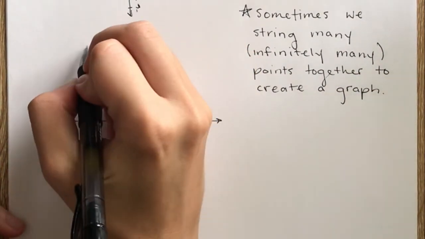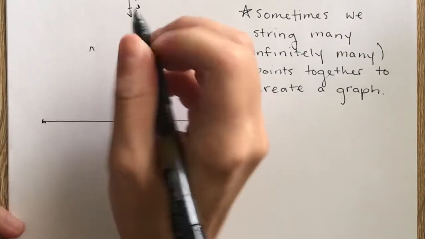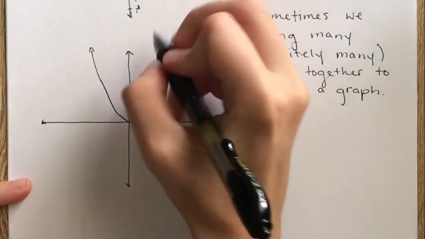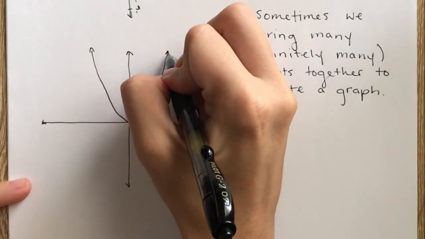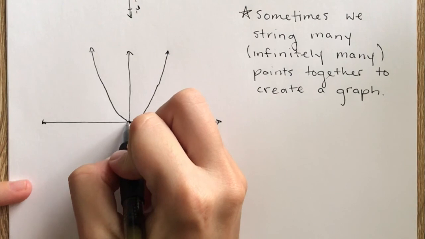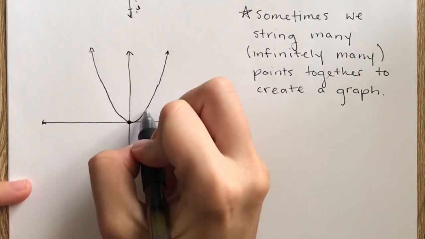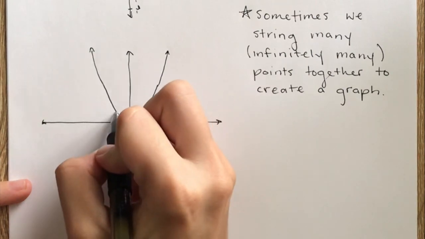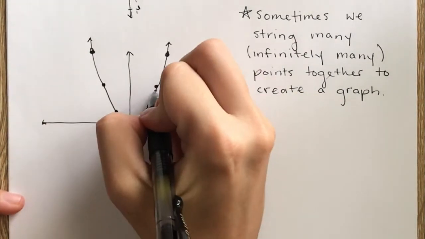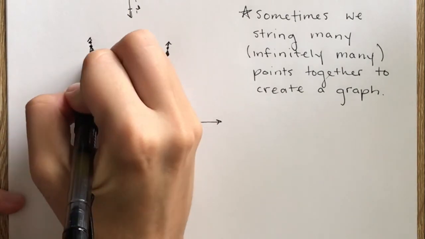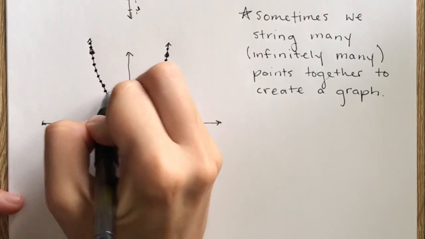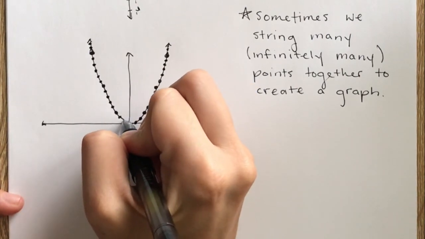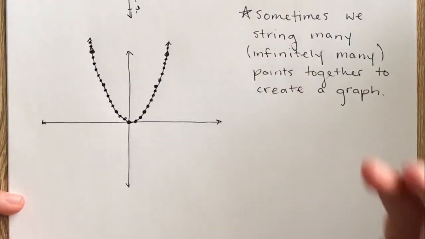So for instance, let's say we were looking at something like this. This is just a collection of a bunch of points, all lined up. Kind of looks like a necklace.